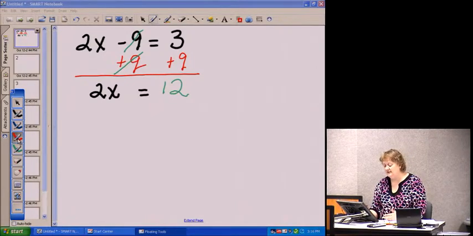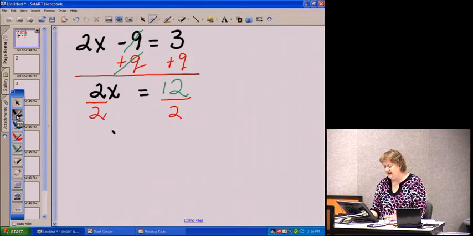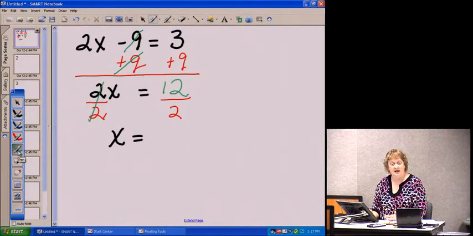So we want to divide the 2x by the 2 so that that's undoing that multiplying by 2. And again, what we do to one side of the equation, we always do to the other side of the equation. That then leaves us the x by itself on the left-hand side because 2 divided by 2 gives us 1. Any number divided by itself gives us 1. 1 times x is x.